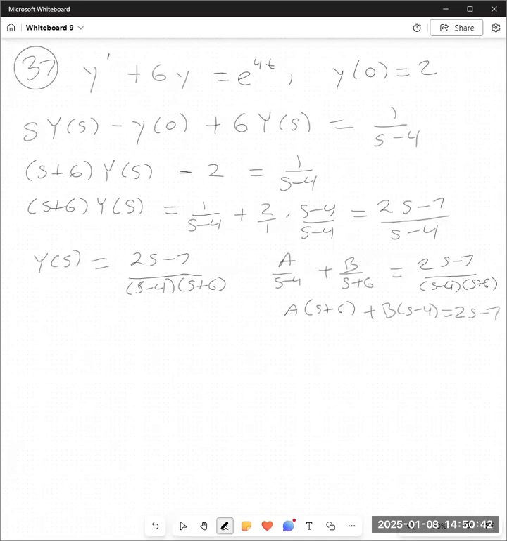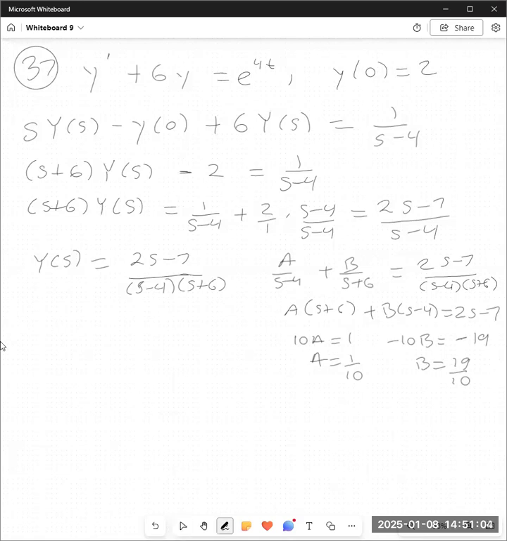When s is 4, 10A is equal to 1, and A is equal to 1/10. When s is negative 6, negative 10B is equal to negative 19, and B is equal to 19 over 10.